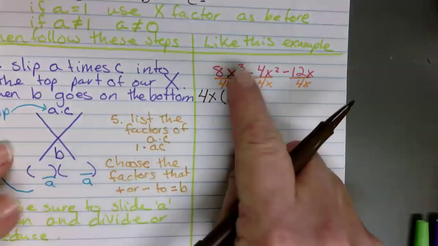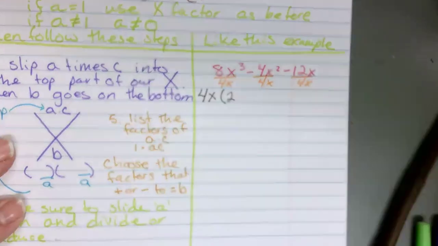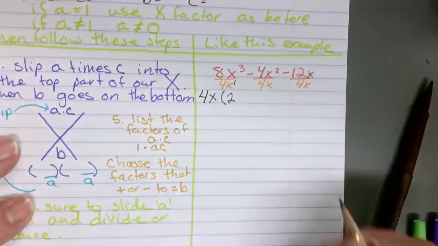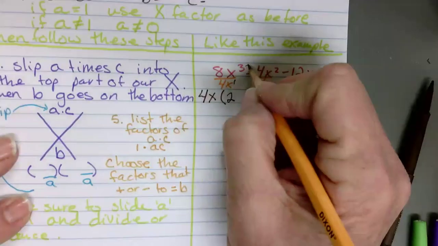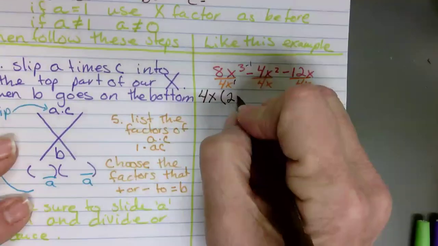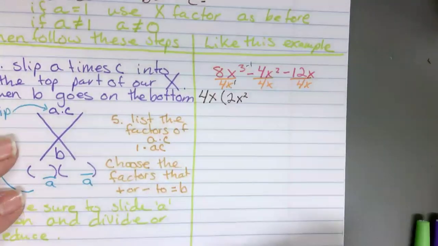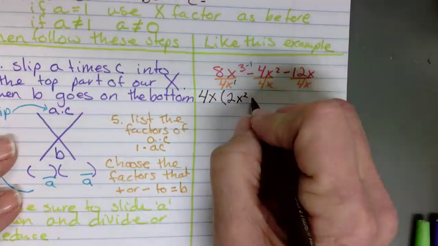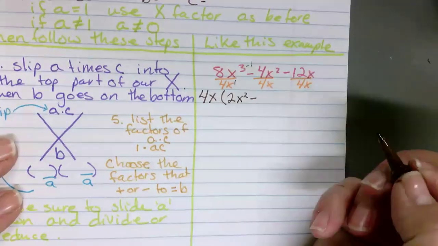So I have x to the third. This x is to an invisible 1. So that would be x to the third minus 1, which is going to give us x to the second power, or x squared. Then I continue that. Negative 4 divided by 4 is going to be minus 1. You can put the invisible 1 if you like to.